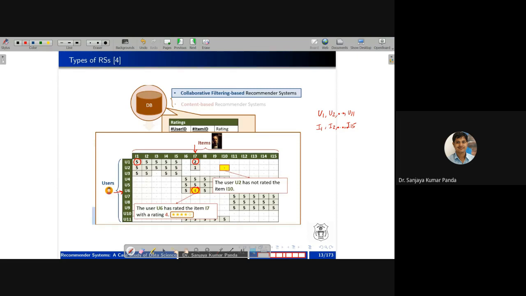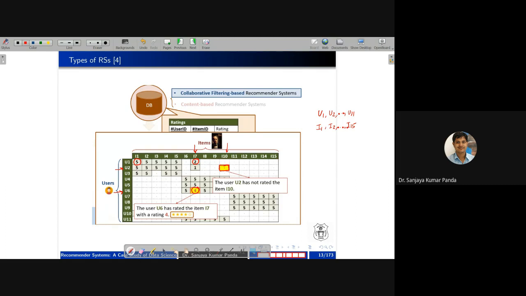But if there is a blank, or it is represented by a dot or a blank cell, that represents that user U2 has not rated the item I10. Like here you can see this blank space belongs to U2 and this belongs to I10. That is the reason why we are saying user U2 has not rated the item I10.